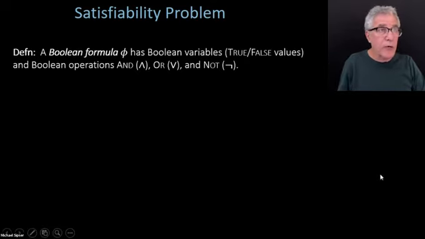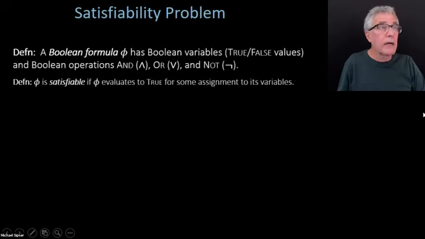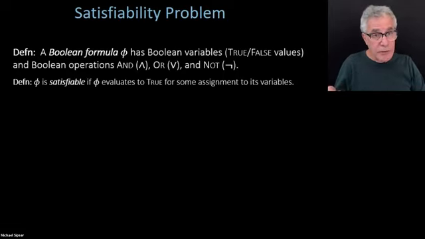And the operators that we're going to be using are the and, or, and negation operations: and, or, and not. Okay. And such a Boolean formula we're going to call satisfiable, we'll do an example in a second, if that formula evaluates to true if you make some assignment of values to its variables.